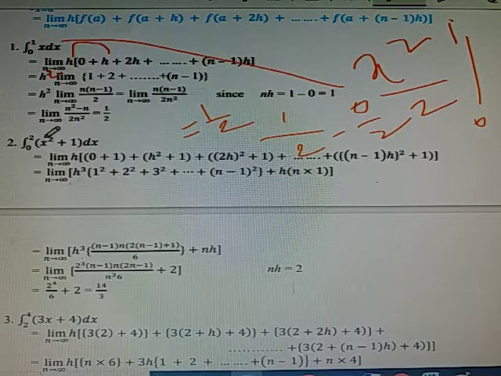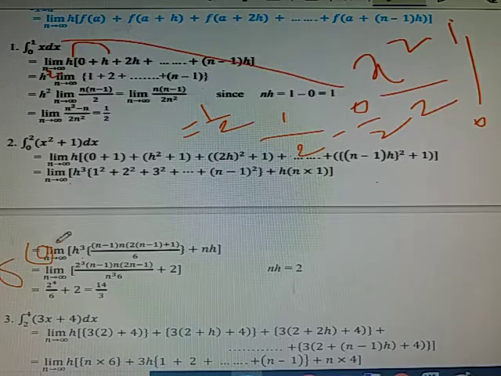Next you see this x square plus 1. See how it is done. We are separating this one. First thing you have to write is lower limit is 0, upper limit is 2. So f of 0, f x is equal to x square plus 1, so f of 0 is 0 square, which is 0.